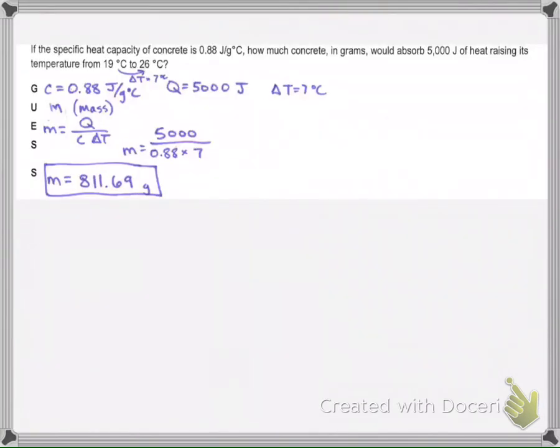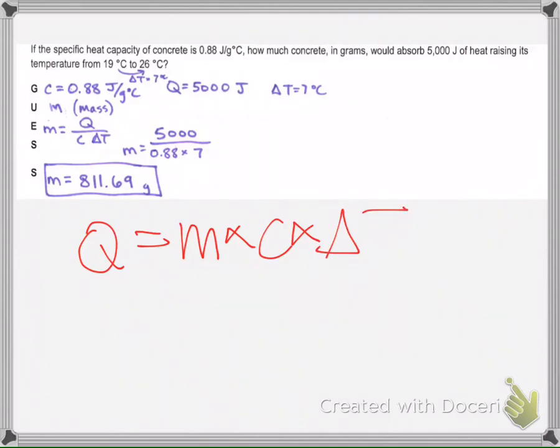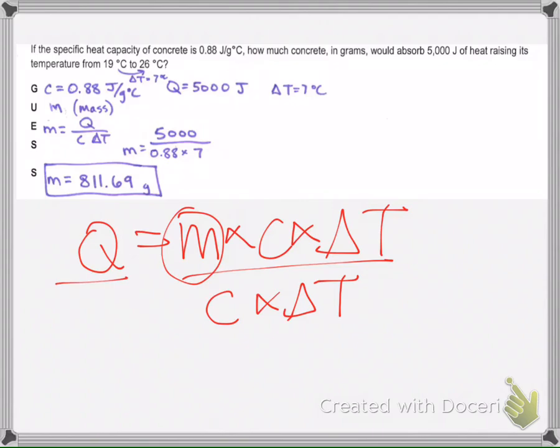For the next example, we are looking for mass. So if our formula is Q equals MC times delta T, and I'm looking for mass, I'm going to have to divide specific heat times the change in temperature to each side, and that's going to help me solve for mass.